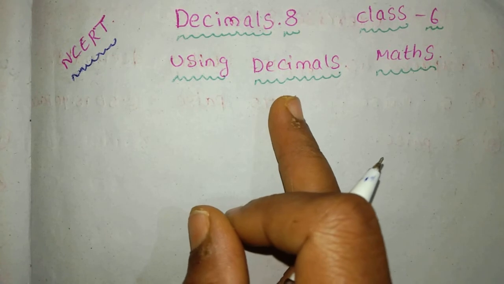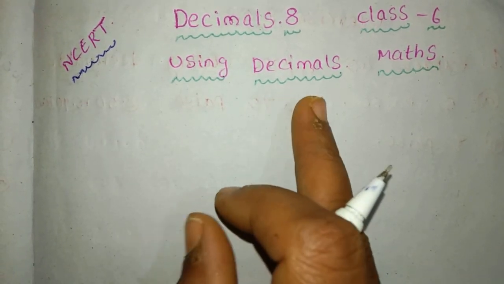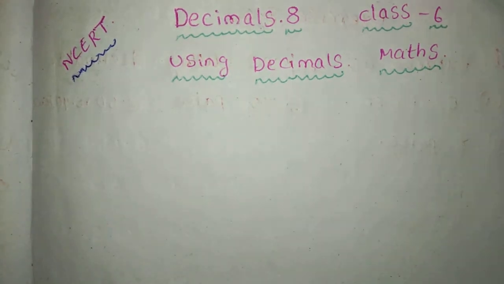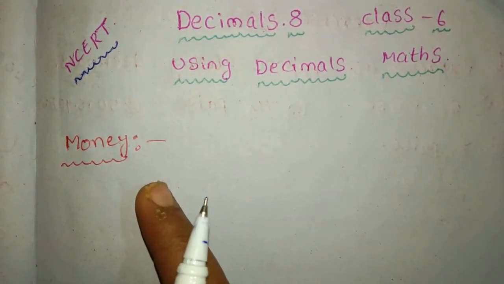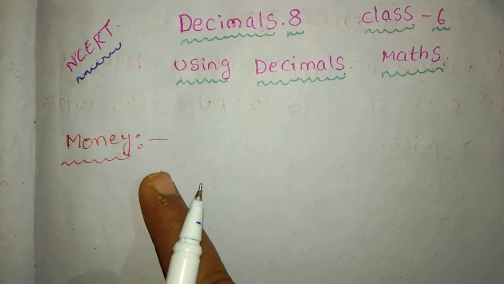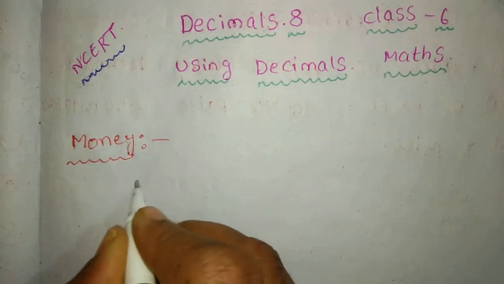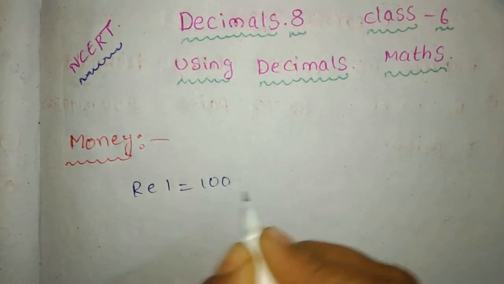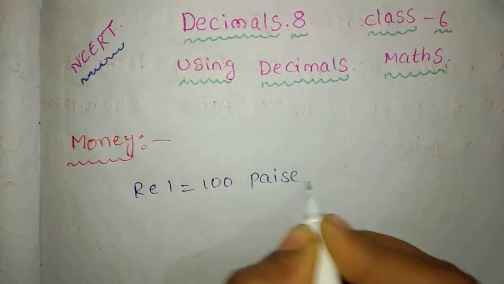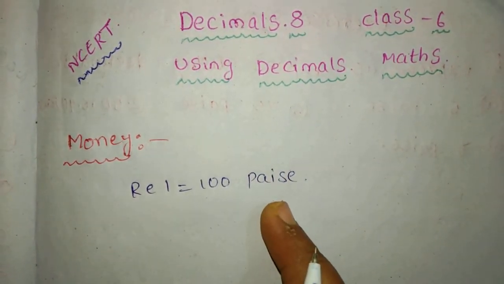So, let us see how to use decimals to represent money. Here we know that 1 rupee is equal to 100 paise.